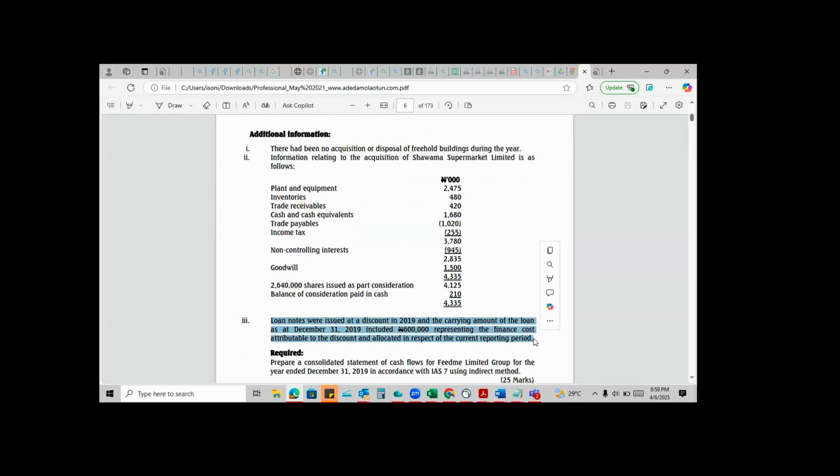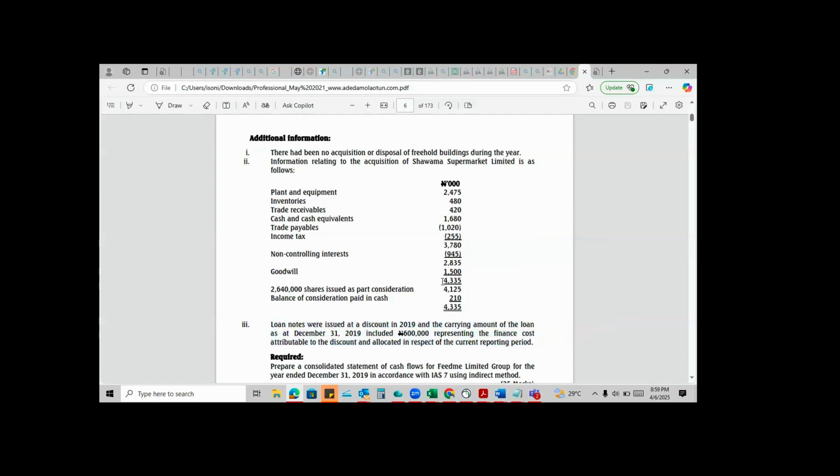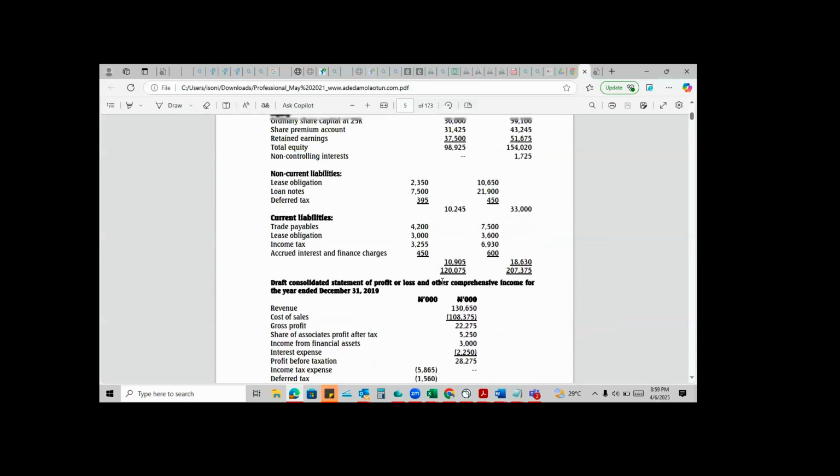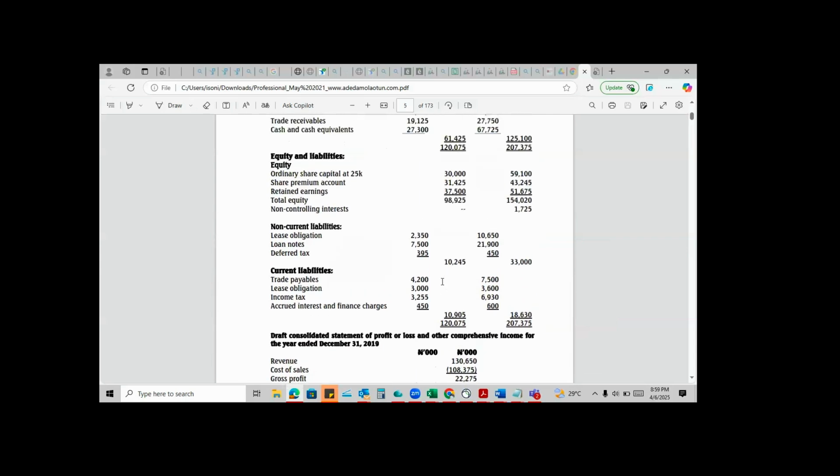All right. Now, this 600,000, I'm going to make that deduction from our finance cost, this interest expense. And why am I doing that? I'm going to treat it separately. It's coming from here. This is the loan note that they are referring to.